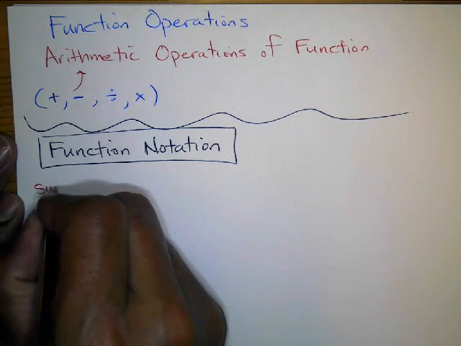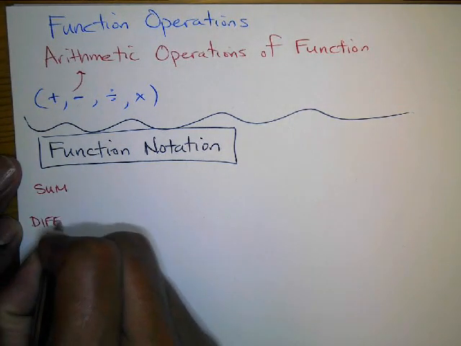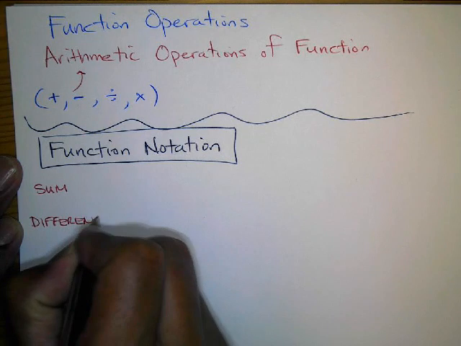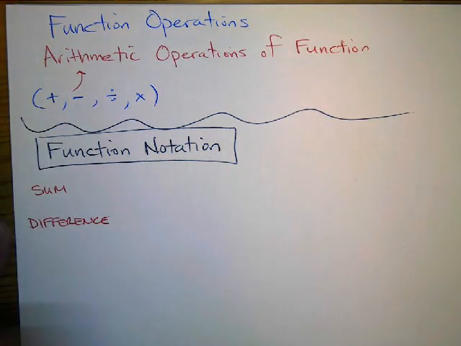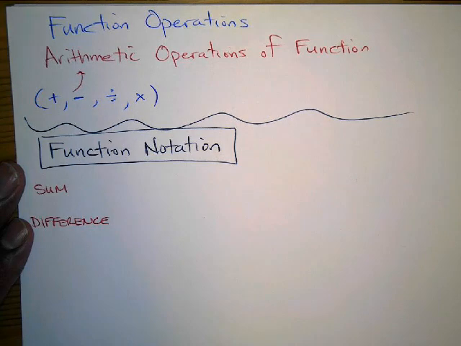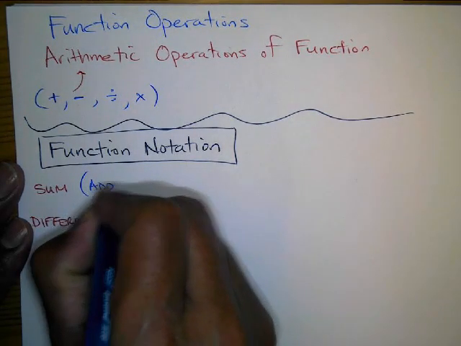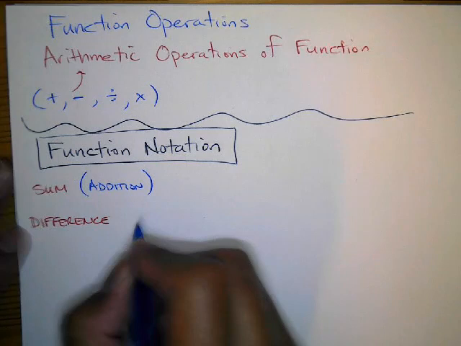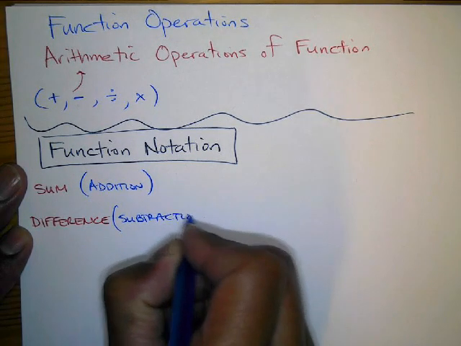Again, they're going with fancy words, but you know the word sum and you know the word difference. The good thing about the video is, if I'm going too quick, you can pause it and copy things down. Sum is addition. Difference is subtraction.